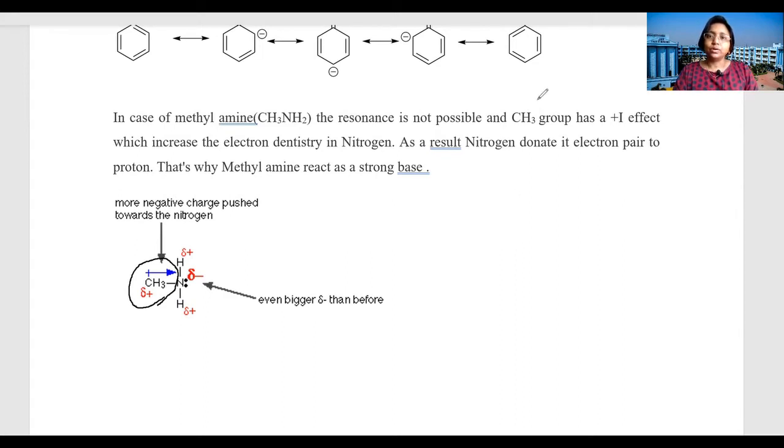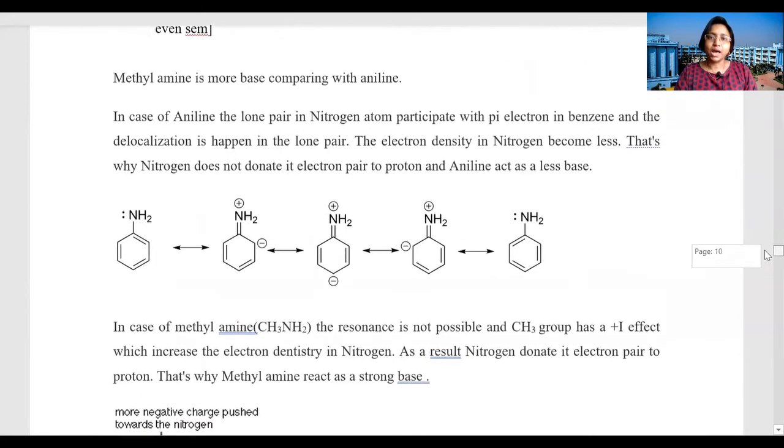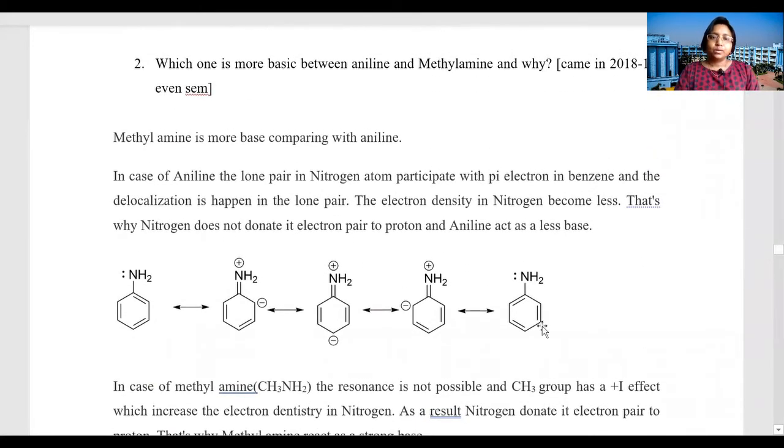So we can conclude that the availability of electrons in methylamine is higher, so it can donate its electron pair to the proton. Aniline acts as less basic.